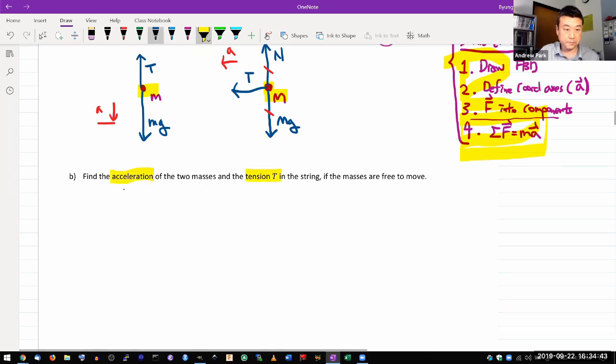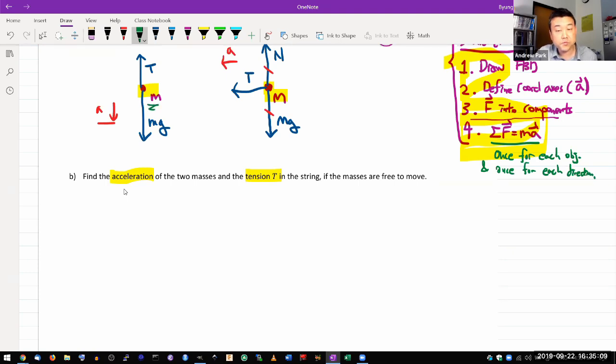Writing that down, you should remember to write down this equation once for each object, and once for each direction. So for each object here, technically I might be writing down up to 2 equations.